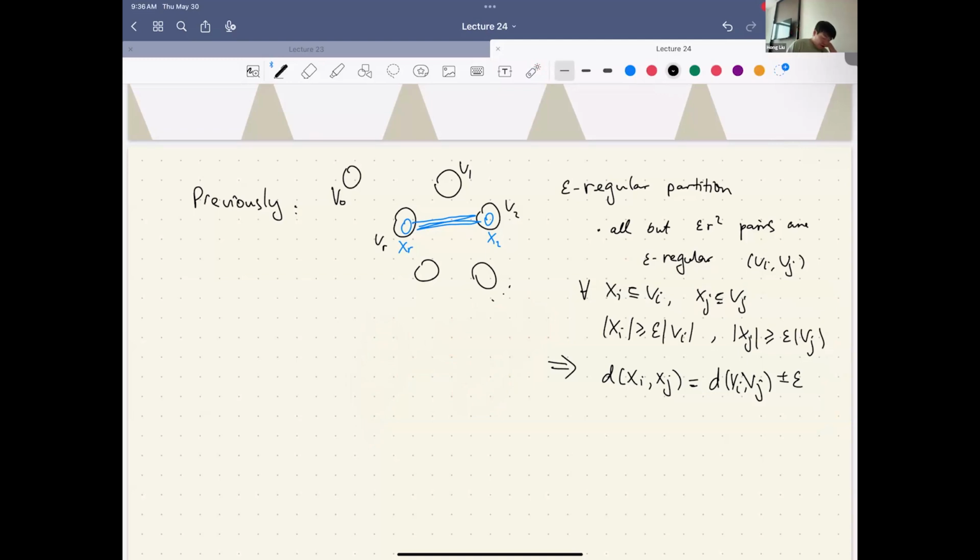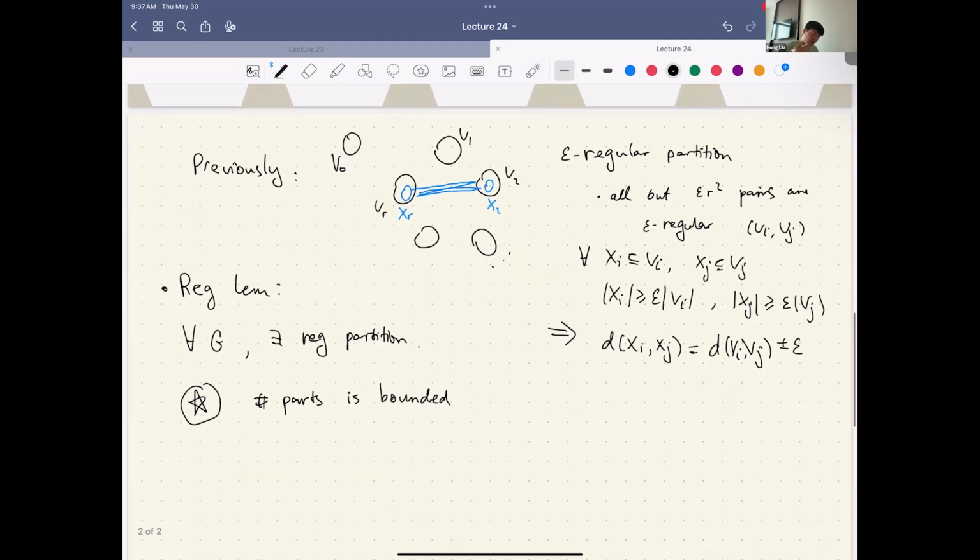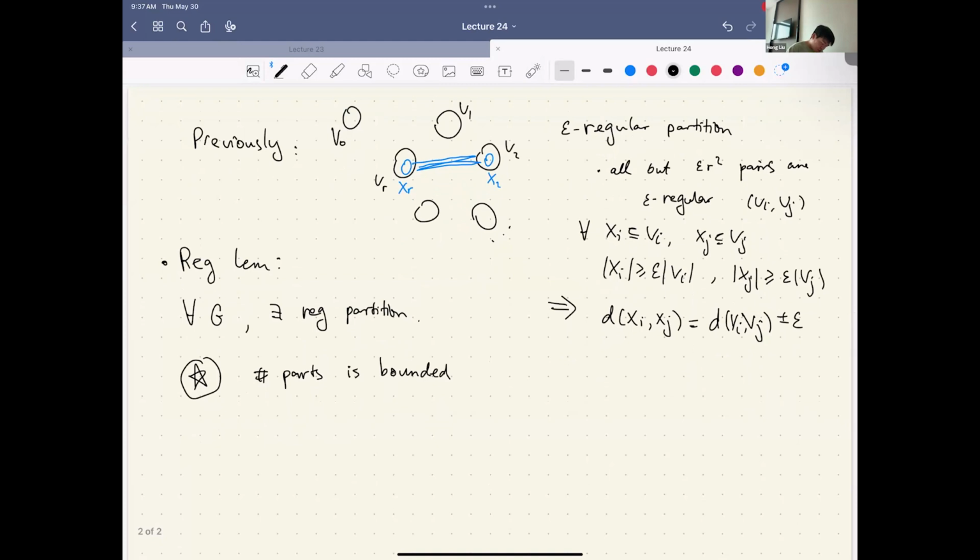And regularity lemma is saying, for every graph G, there exists a regular partition with the parameters I'm skipping here. The most important thing is that the number of parts is bounded, independent of the number of vertices of G. So we can often reduce some extremal problem from G. Remember this reduction.